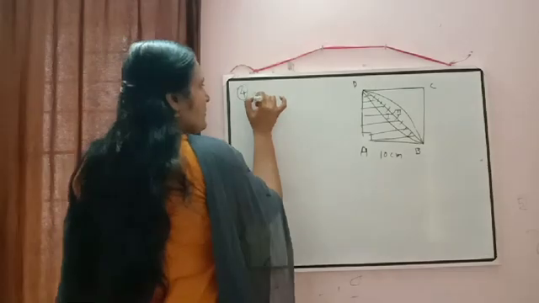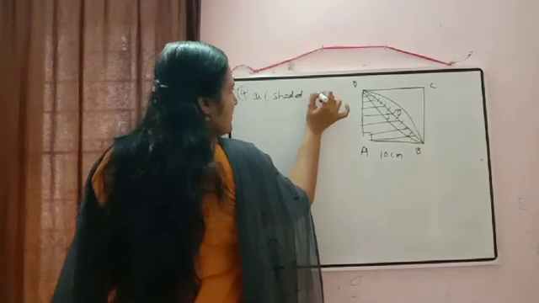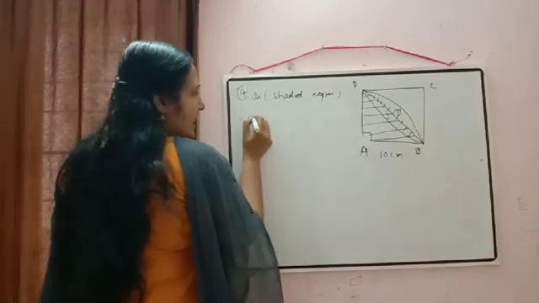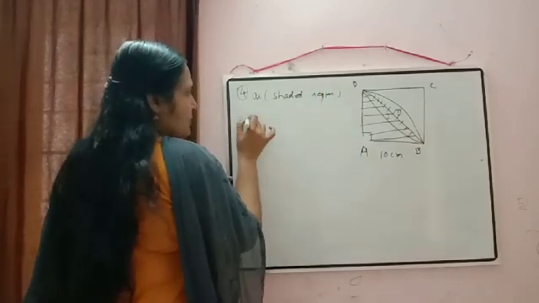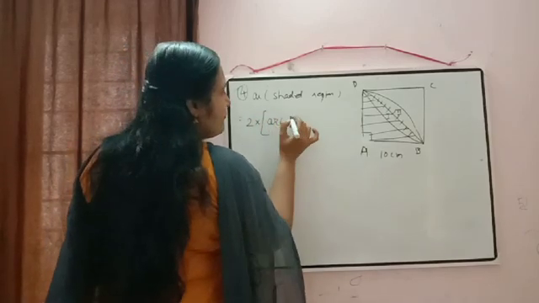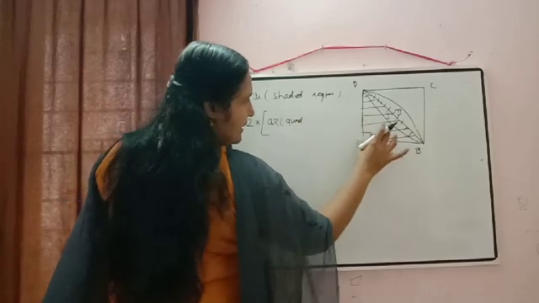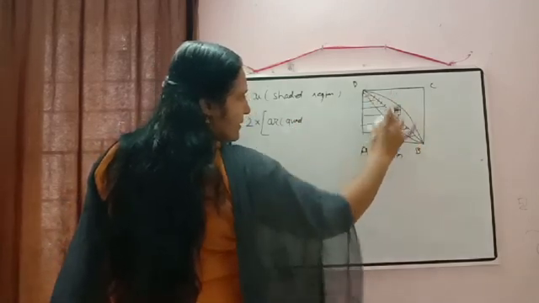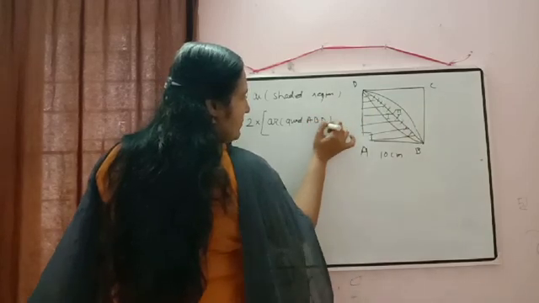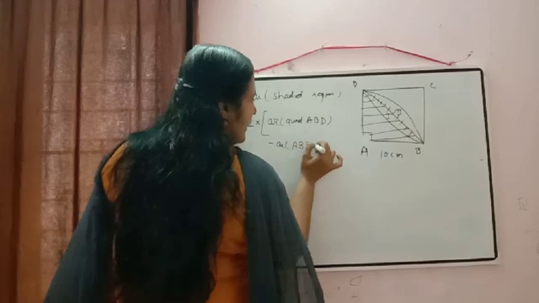So just write down there, area of shaded region is equal to 2 into area of quadrant ABD minus area of triangle ABD.